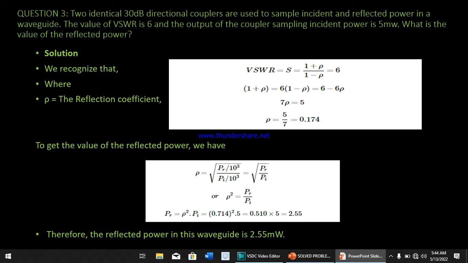And as rho, the reflection coefficient, has been calculated to be 0.714, here we have rho square, which is 0.714 square, times 5, which is the incident power, given to be 5 milliwatts. That means if we do the calculation, we have 2.55. Therefore, the reflected power in this waveguide is 2.55 milliwatts.